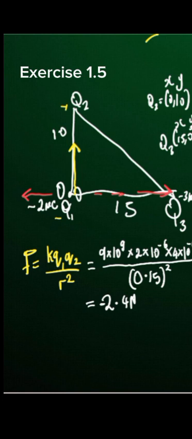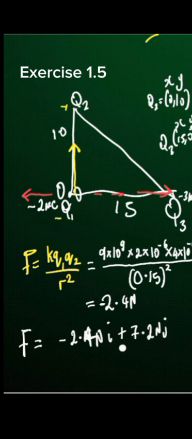So in total, the force on the origin, that is the force on Q1, is minus 2.4 Newton I, because we consider x before y, plus 7.2 Newton J. Right?